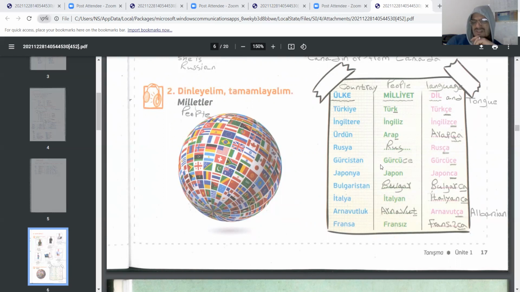I don't know this country or what its name is. Japonya, Japon, Japonca. Bulgaristan, Bulgar, Bulgarca. İtalya, İtalyan, İtalyanca. And Fransa, Fransız, Fransızca. Here, Arnavut, Arnavutça. That means, I think, Albanian.